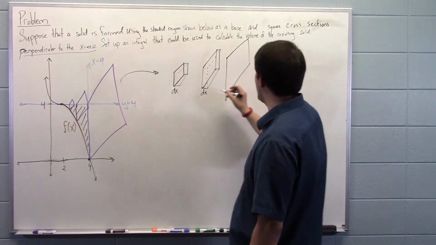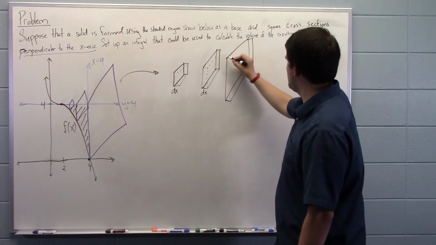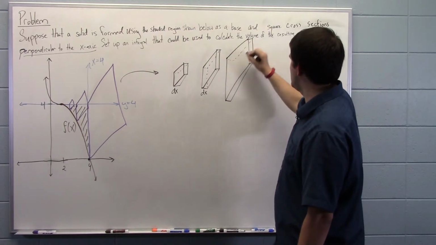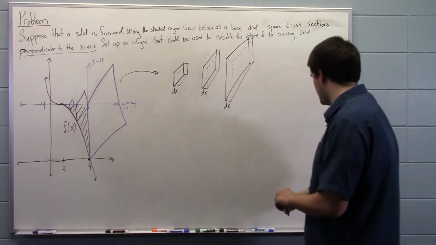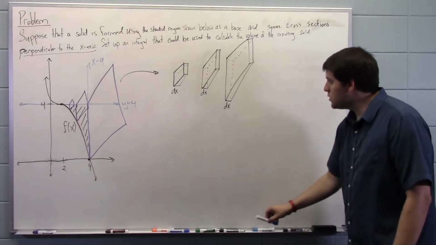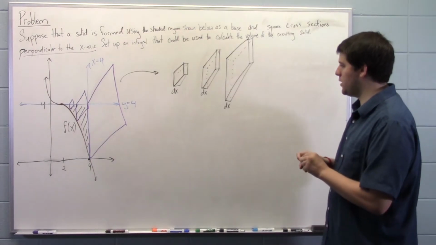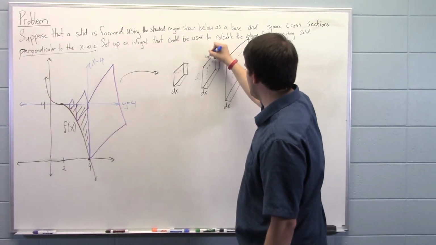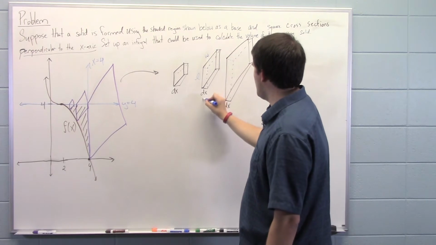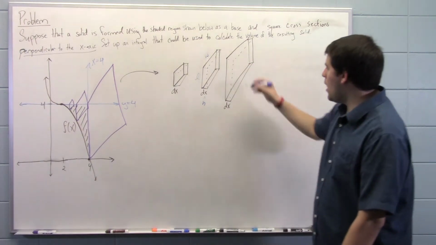A dx thickness for that as well. And a dx thickness for this too. So if I wanted to look at one of these prisms and label it a little bit, I've got the length here, the width here, and the height is the thickness of dx.